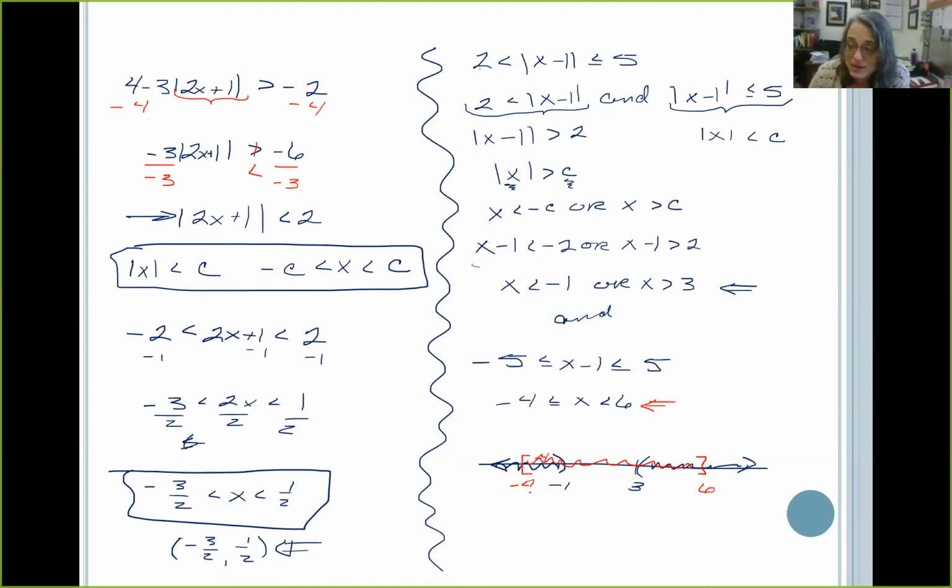So the only bits that are in the solution are negative 4 is less than or equal to x is less than negative 1, and then we union that with the x's between 3 and 6. Sorry, that's inclusive. Okay? So that was a little tricky because we ended up with an and compounded with an or.